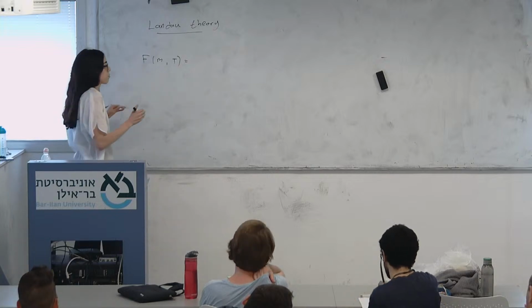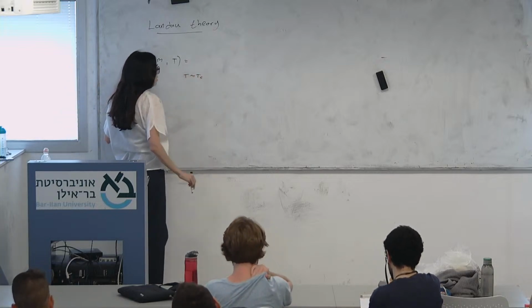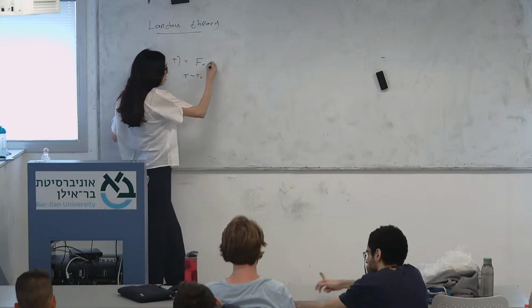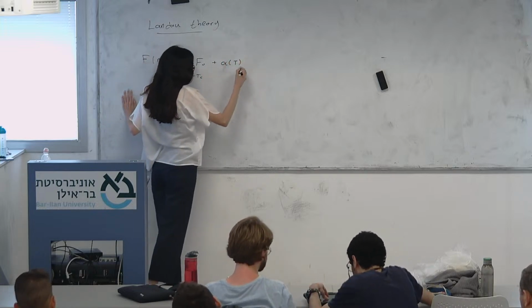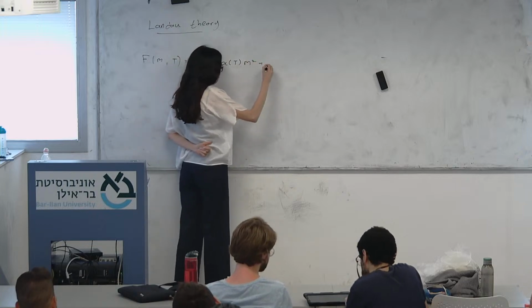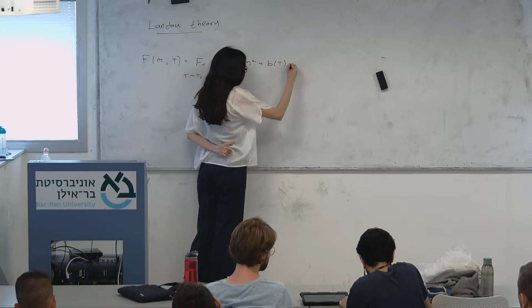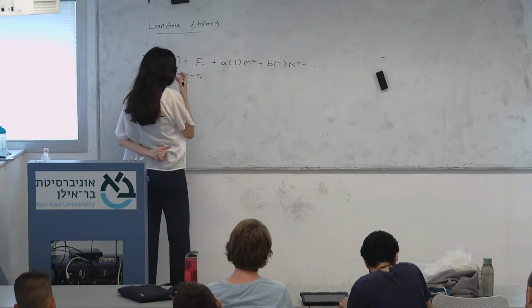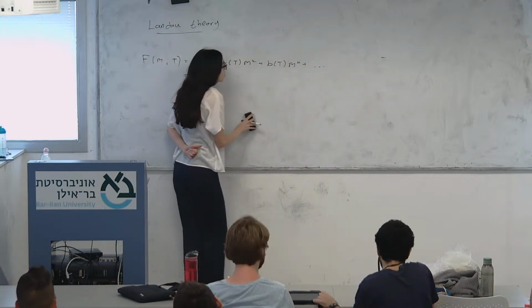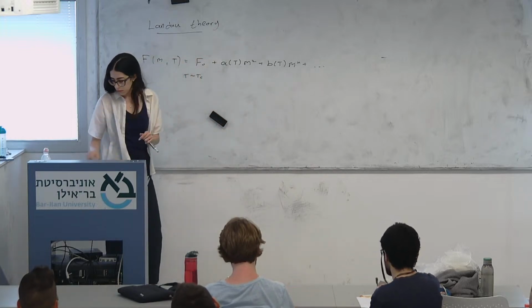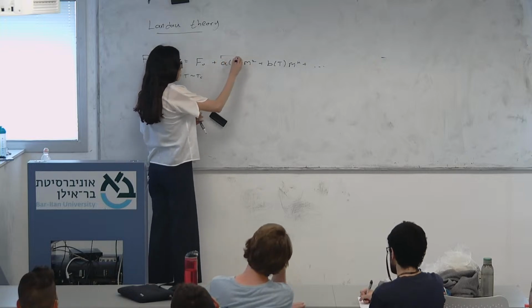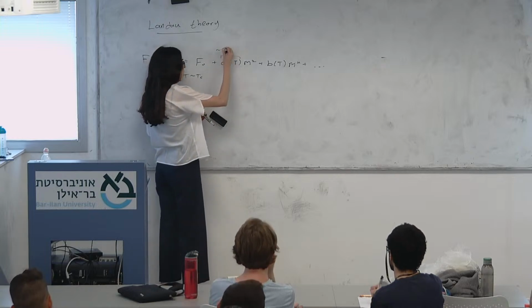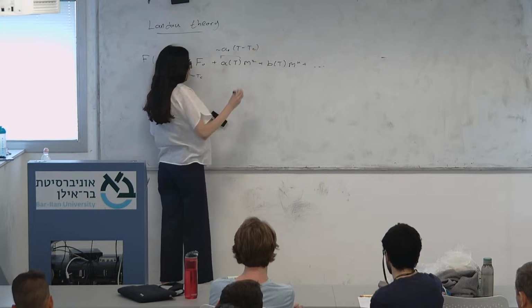He said that around the critical point, so T is around T critical, we can write this function as an expansion: we have f0, which is a constant, plus a of t m squared plus b of t m to the power 4 plus higher orders. a of t is in general some general function of the temperature, but again, around the critical temperature, this is approximately a0 times t minus t critical.